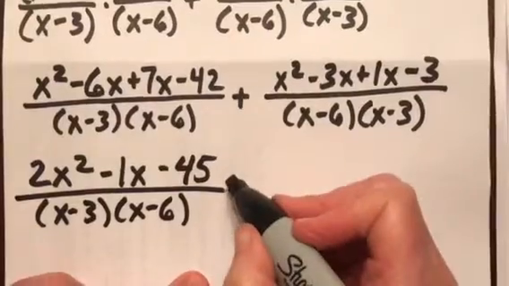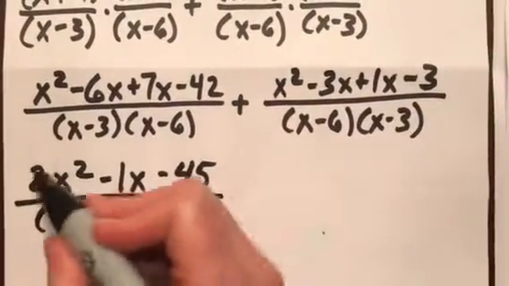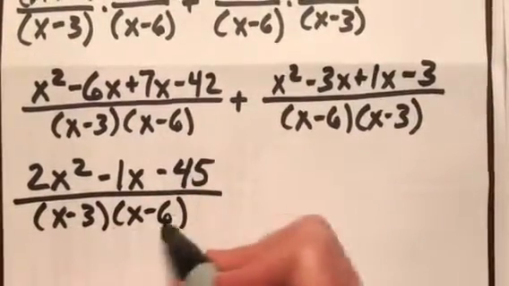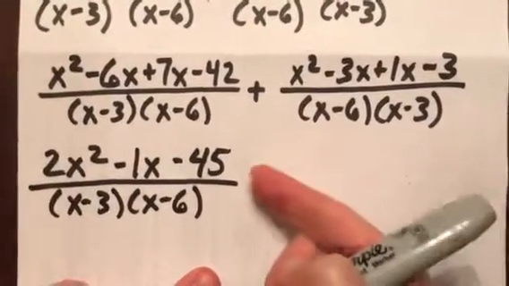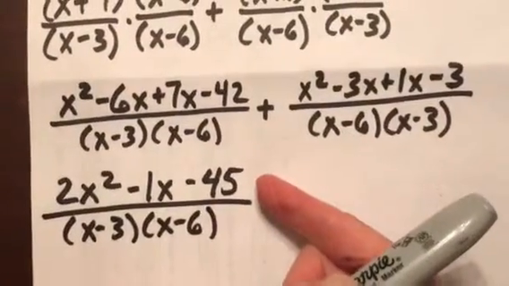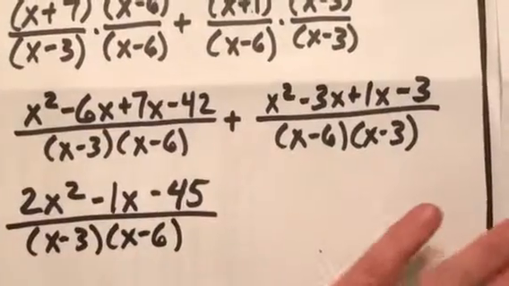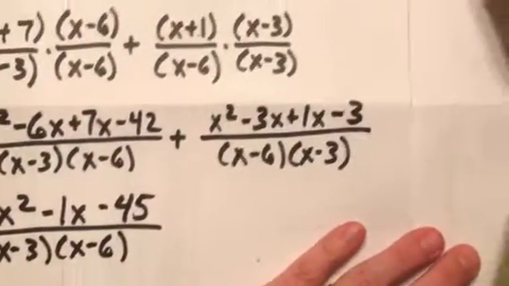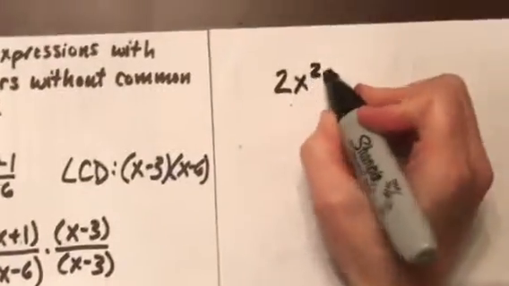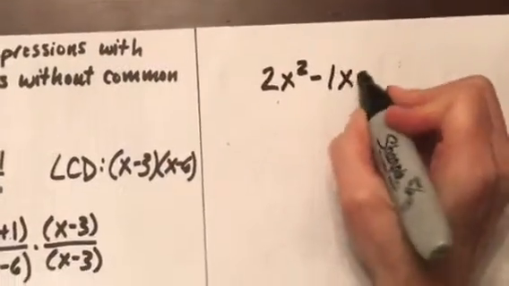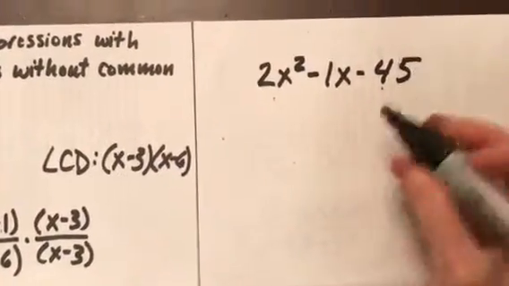Okay, we would like to see if anything in the numerator can cancel with anything in the denominator. And so to do that, we have to factor our numerator. This is a little trickier to factor. I will show you one way to factor this. So we'll look over here. We're going to factor 2x squared minus 1x minus 45.